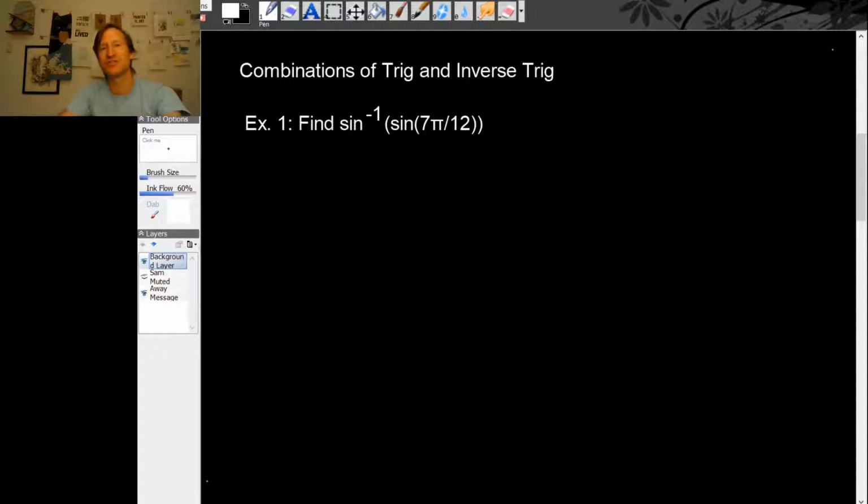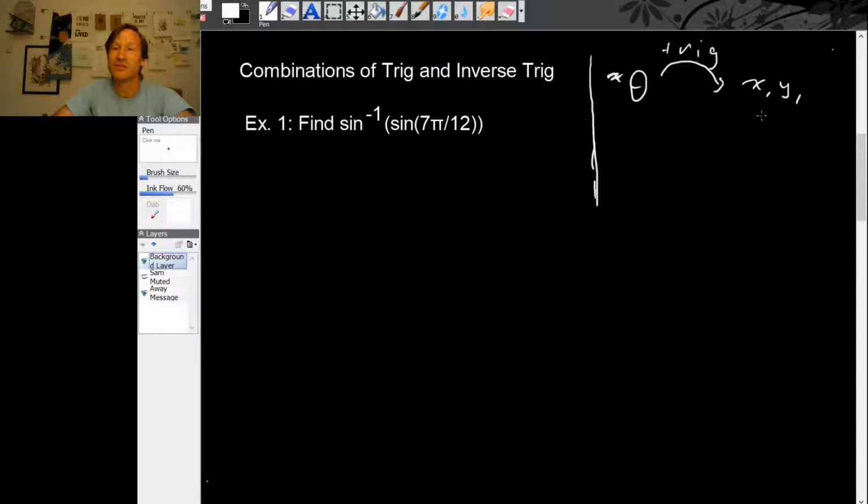There are a few combinations of trig functions and inverse trig functions that are a little bit hard to deal with, but you can figure out how to compute them if you keep a few things in mind. So the first thing is that trig functions take angles theta and produce x values, y values, and slopes, depending on whether you're talking about sine, cosine, or tangent.